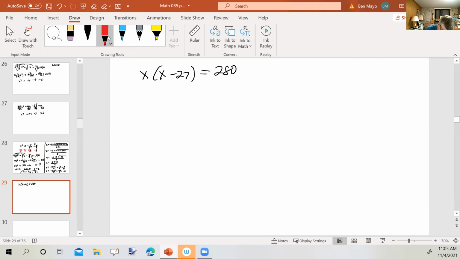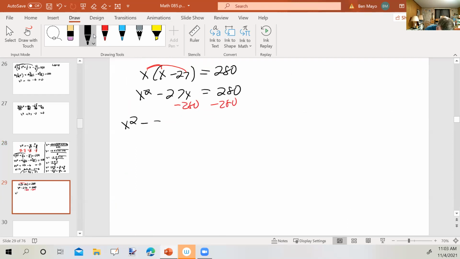So first of all, we'll distribute. We'll get x squared minus 27x equals 280. I'm going to subtract 280 from both sides of the equation. So x squared minus 27x minus 280 equals 0. So now it's in standard form.